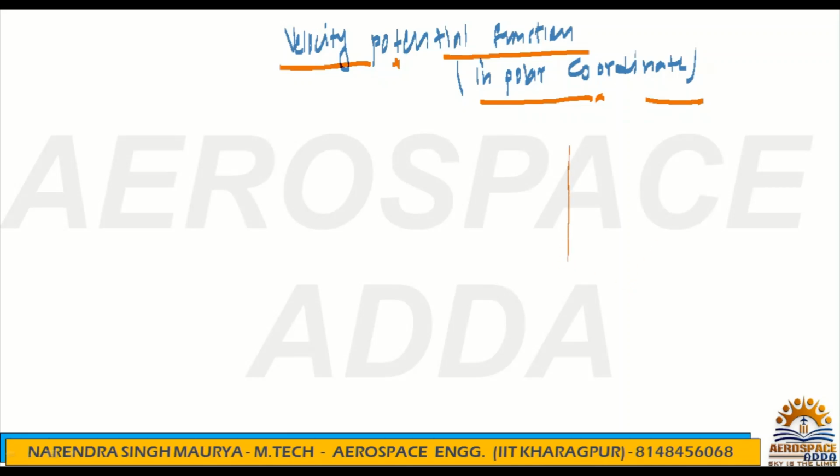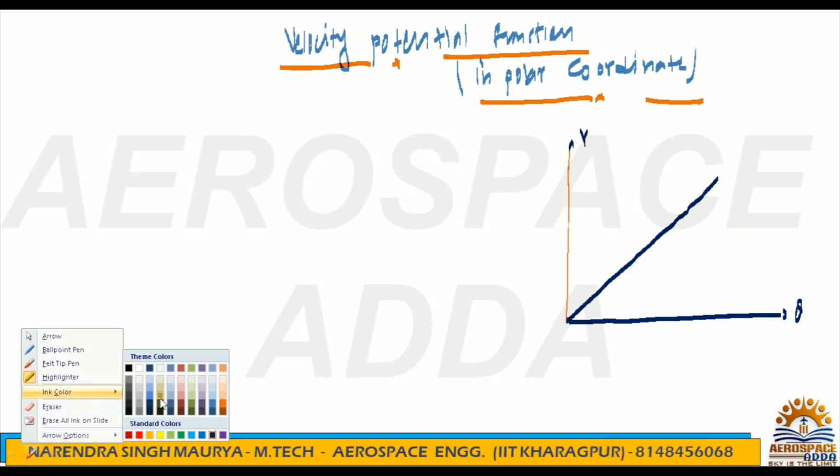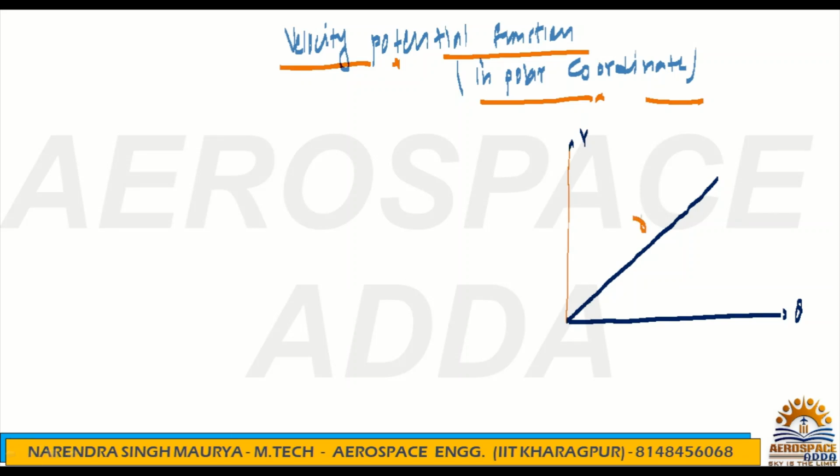Suppose this is r, and this angle is theta, r and theta, right?